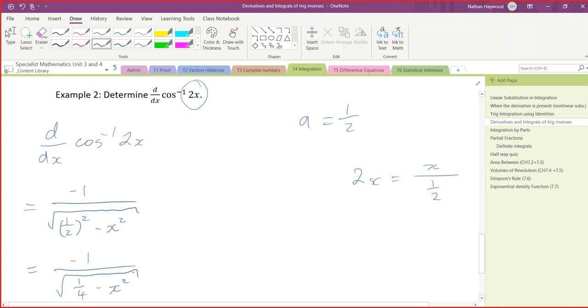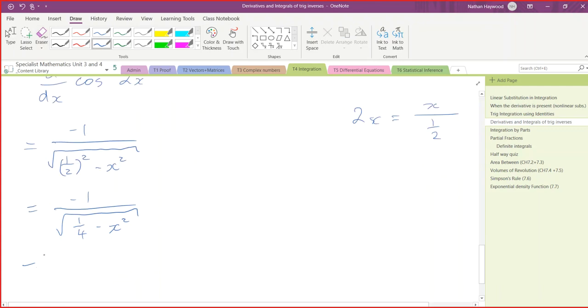What are your thoughts? We could make the denominators the same inside this square root. Right, so I've made the denominators the same.